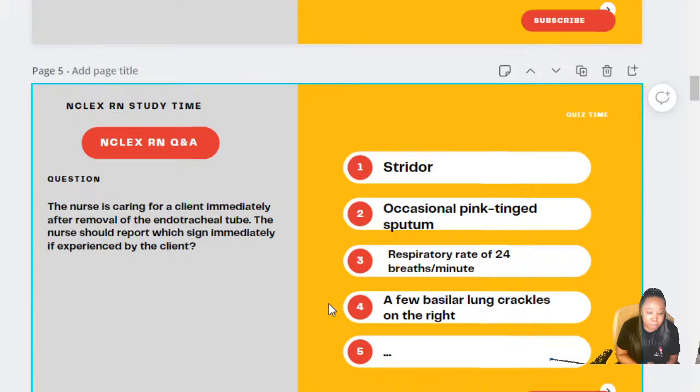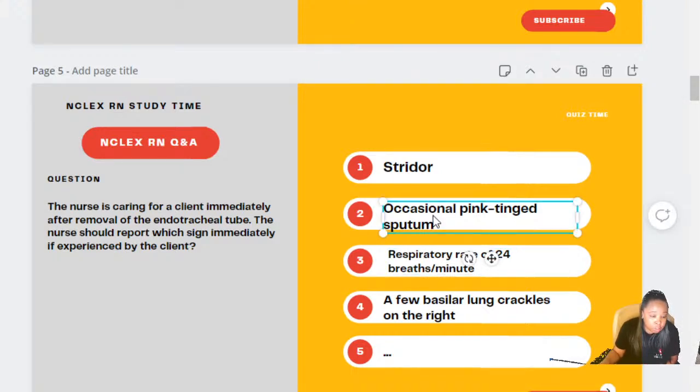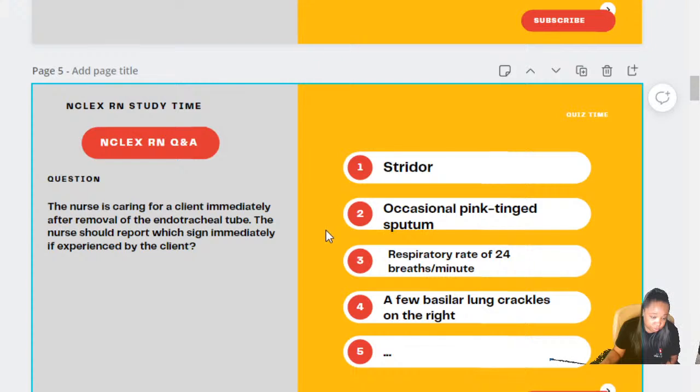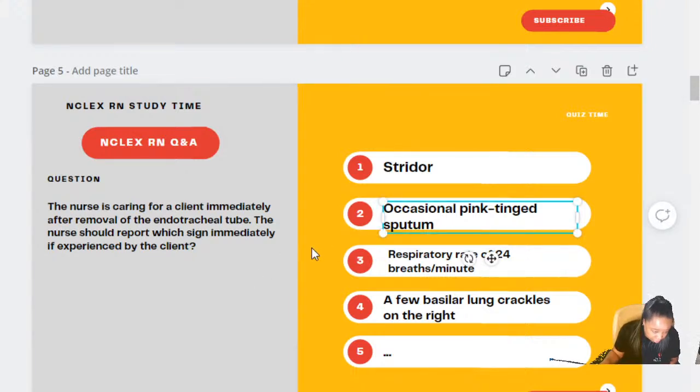That's the reason you might hear crackles, mostly on the right side of the lung. Depending on the severity of the crackles, you might have to suction the patient or something. So within all those four answers, which one do you think is an emergency situation?